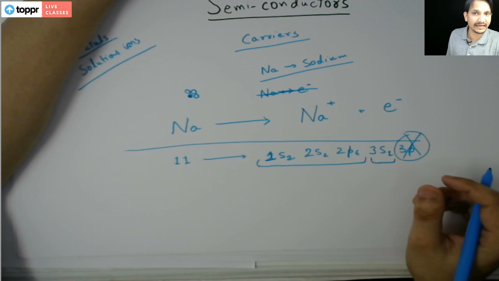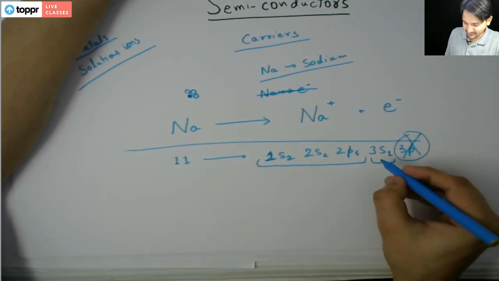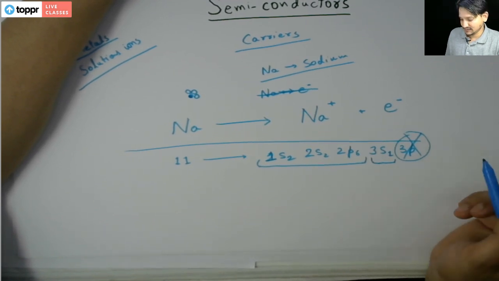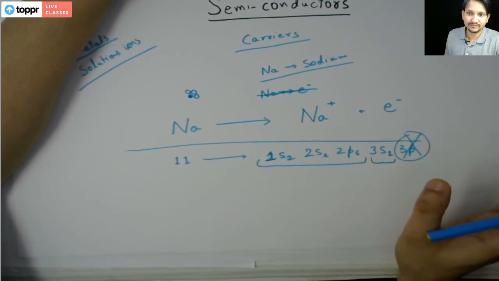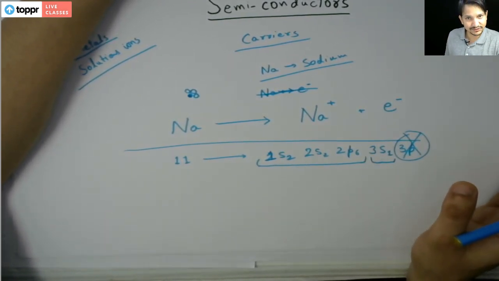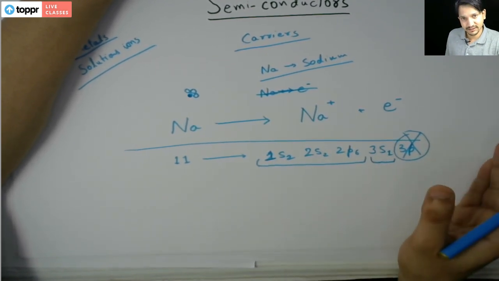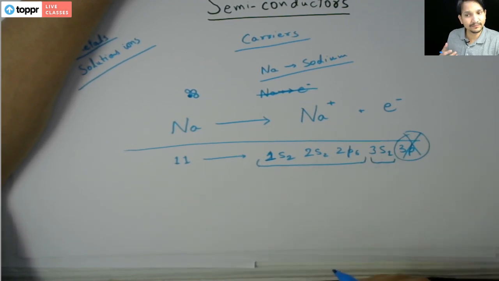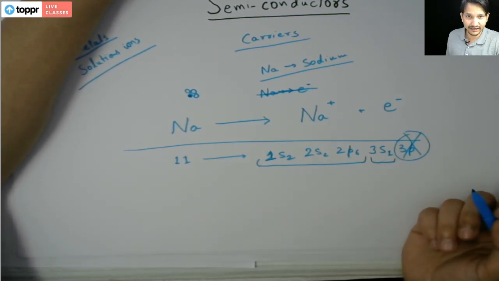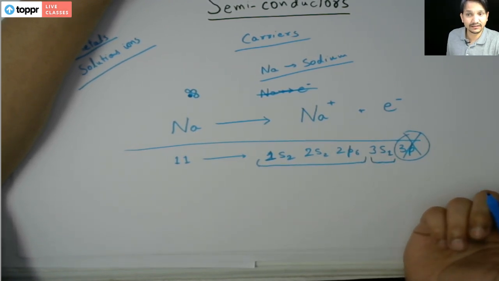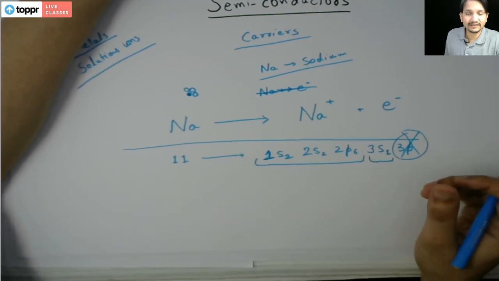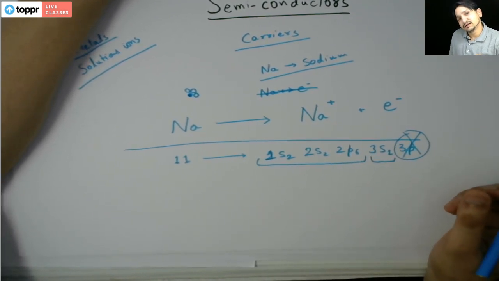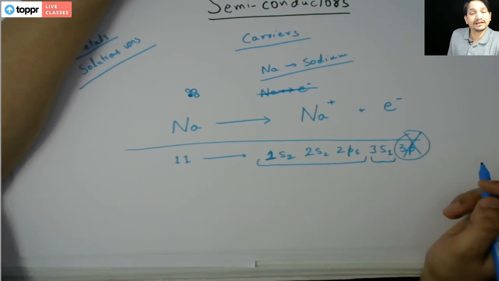In chemistry you have heard that because of this incomplete third orbital, sodium is a very easy donor, meaning it is highly electropositive. It is eager to donate its electron, and that's why it becomes the positively charged Na plus ion, and it reacts with electronegative elements like chlorine, fluorine, iodine, etc. Being so reactive, it can react with many other compounds and elements.